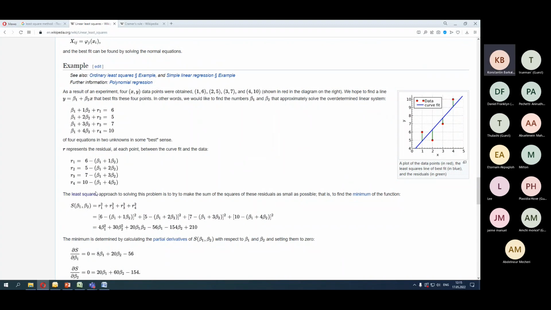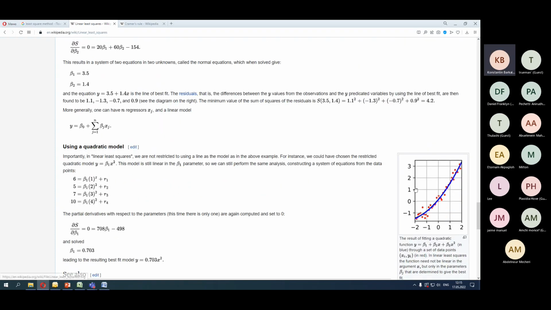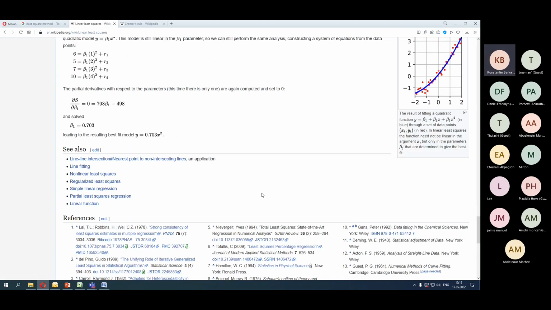But you can find here this example with a line that approximates this given data and a quadratic polynomial that approximates a given data.